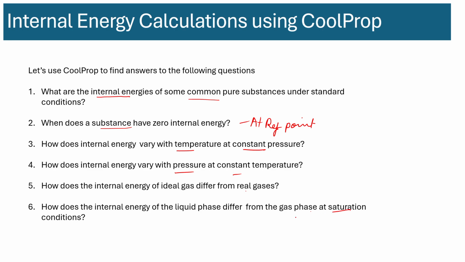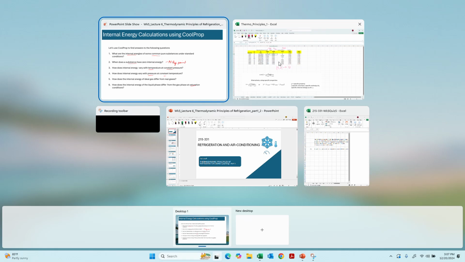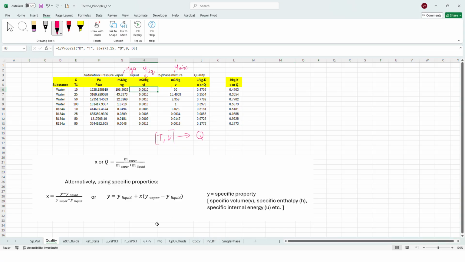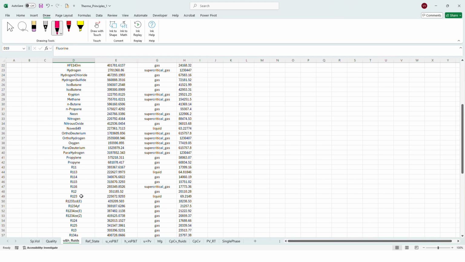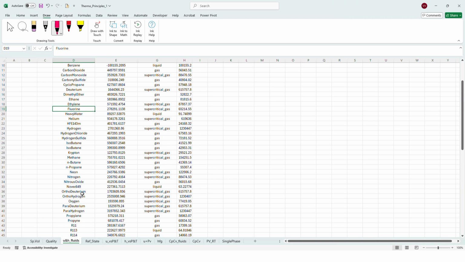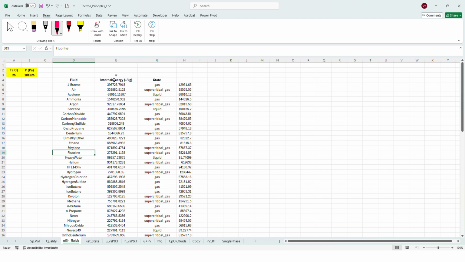All right. Having said that, let's start looking into the Excel file. First, let's go into this tab where there's a bunch of fluids that you can calculate the internal energy for. One thing I forgot to mention is the internal energy notation, typically in thermodynamics, is U, and the specific internal energy notation is u.